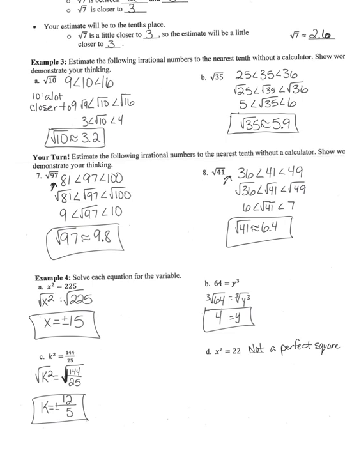It simply means that we're going to have to estimate here. And we know that x will be irrational. So looking at my list, 22 falls between 16 as a perfect square and 25 as a perfect square. Now I'm going to go through those steps of estimating.